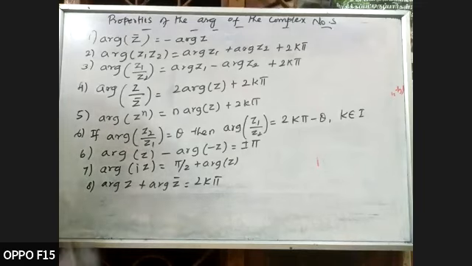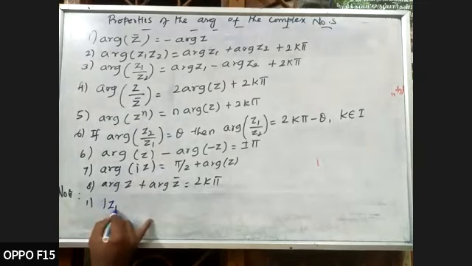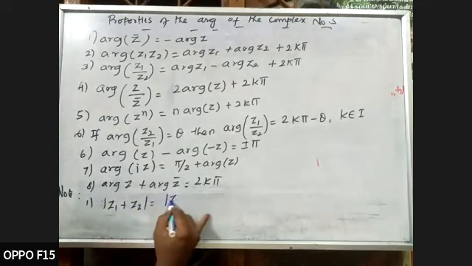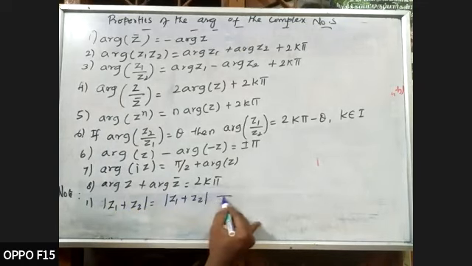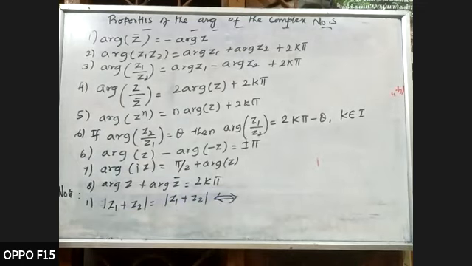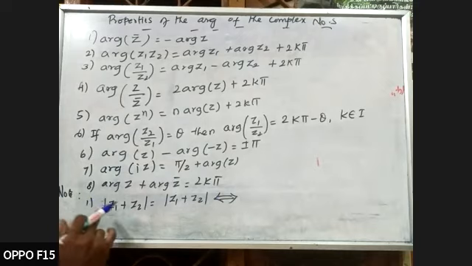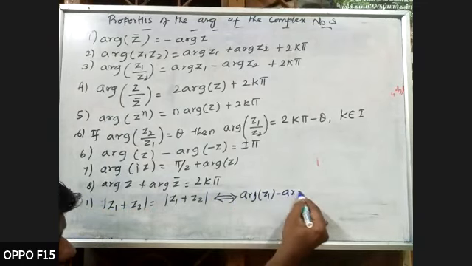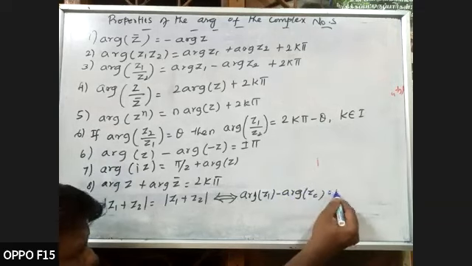Now write a note at the end, I will tell you below. First note: modulus of z1 plus z2 equals modulus of z1 minus z2. This is a double implication, it works both ways, vice versa. It means modulus of z1 plus z2 equals modulus of z1 minus z2. Then we can say argument of z1 minus argument of z2 equals pi by 2.